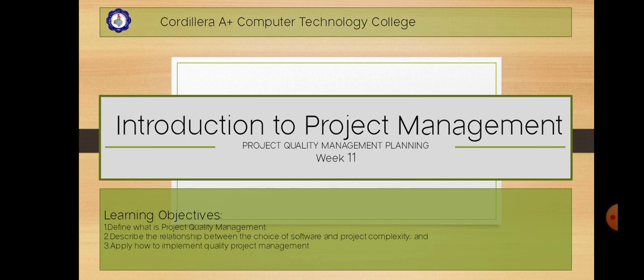And for our distance learners or students who are not able to come here in school to get their module, you may download the soft copy of your module in our Google Classroom. I hope you are already enrolled in our Google Classroom. If you are not enrolled yet, please notify me so I can send you the classroom code or the link of the Google Classroom.